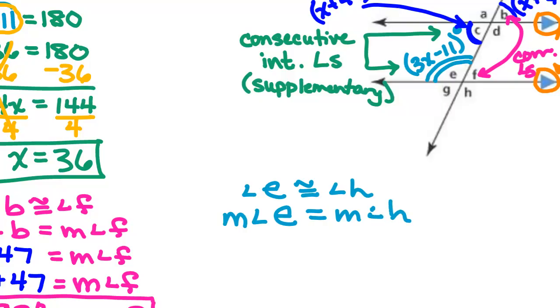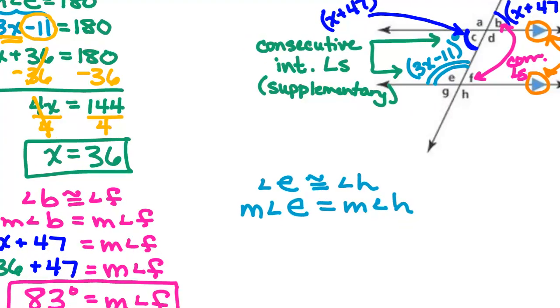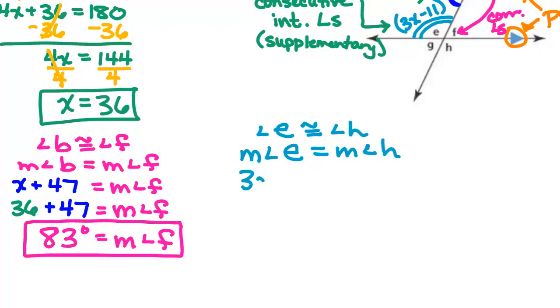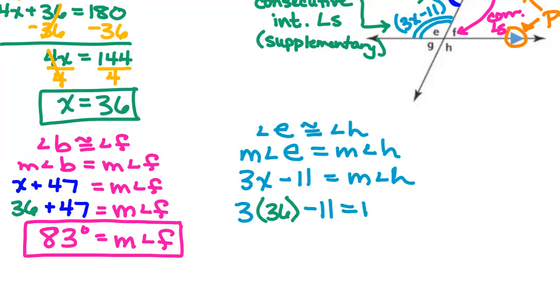measurement of angle H. So 3x minus 11 equals the measurement of angle H. I'm going to put 36 in the place of x, so 3 times 36 minus 11 equals the measurement of angle H. And this right here, 3 times 36 minus 11, I can take that whole thing and pop it into my calculator.